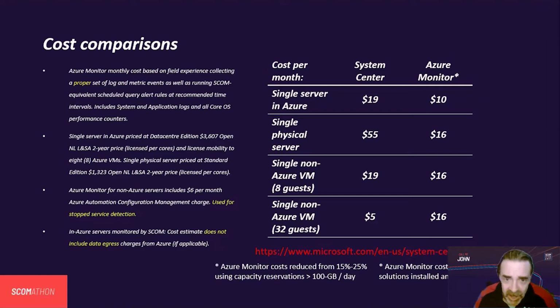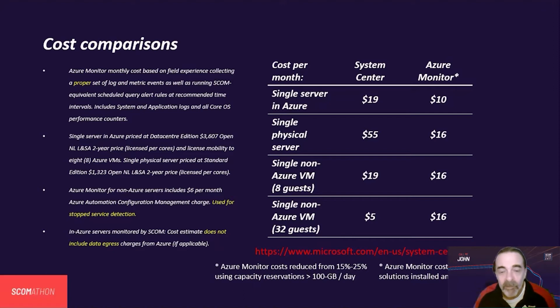The System Center column, as I said, is driven by the density of your virtualization host. So there's a break-even point, right? Somewhere between 8 and 32 guests, SCOM will become less expensive than Azure Monitor.